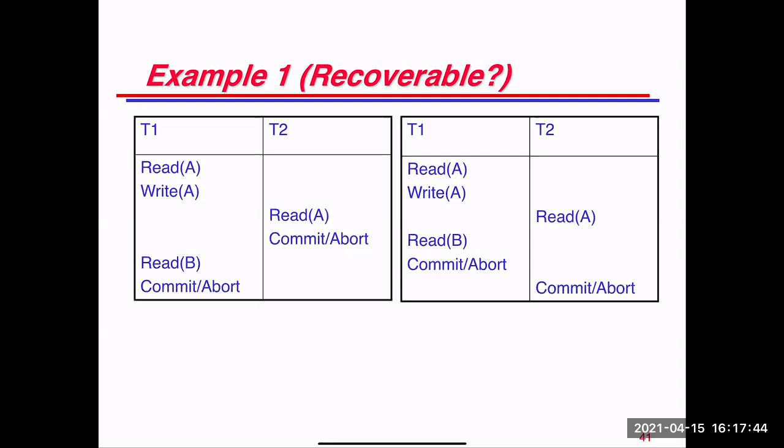All right, so let's see what can happen here. What happens if, let's say, transaction T2 commits and transaction T1 aborts? Is that a problem? So let's say this is our actual schedule.